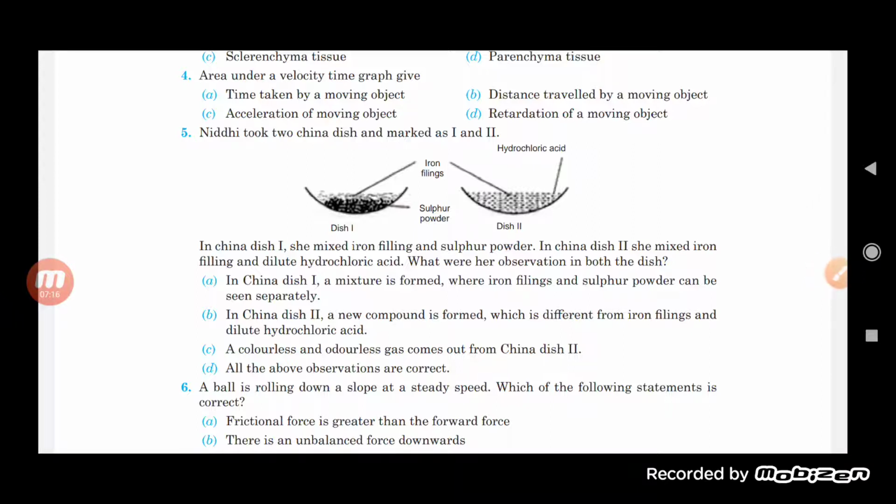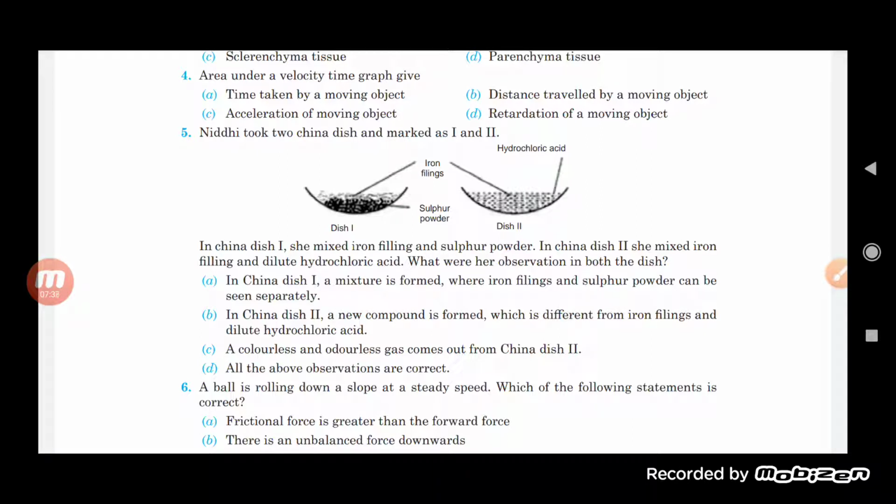Now Nidhi took two china dishes and marked them as 1 and 2. Dish 1 consists of iron filings and sulfur powder. Dish 2 consists of hydrochloric acid.